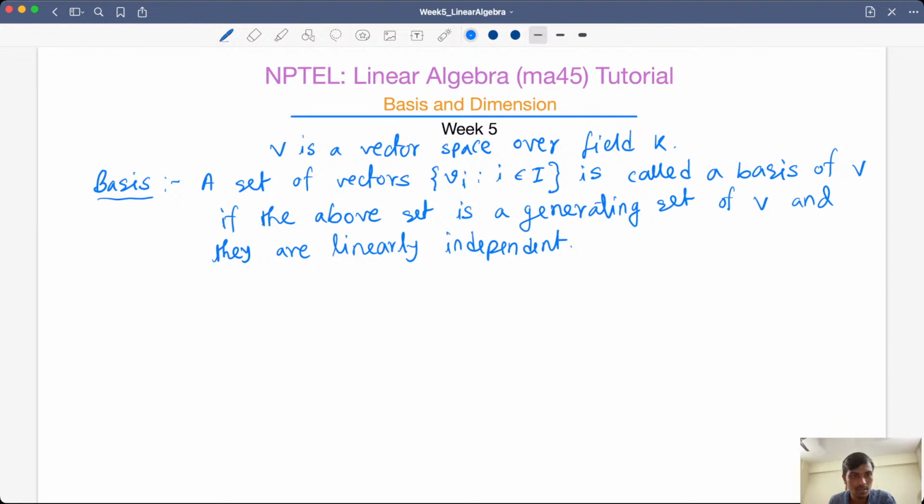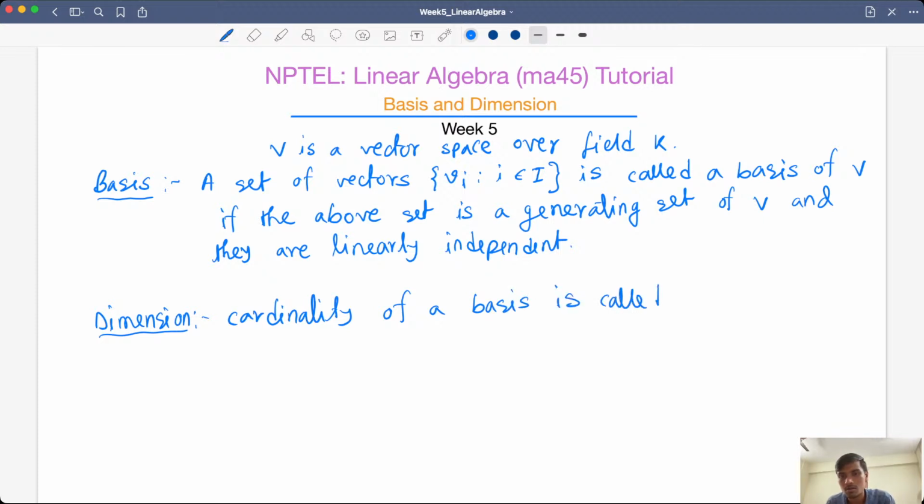And what is dimension? The cardinality of a basis is called the dimension of that vector space.